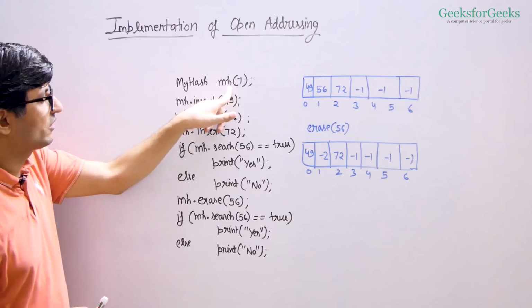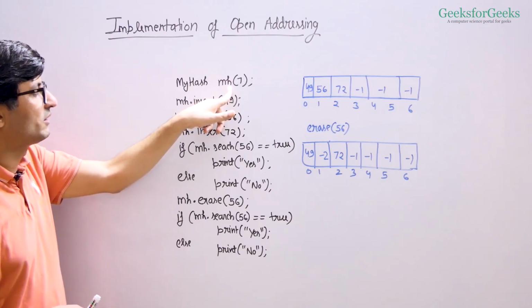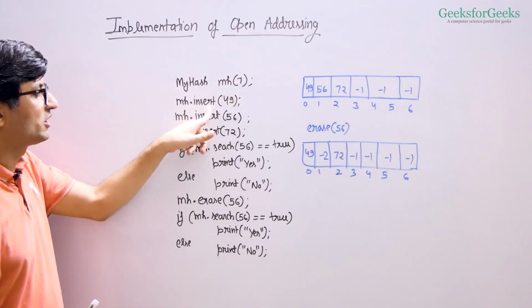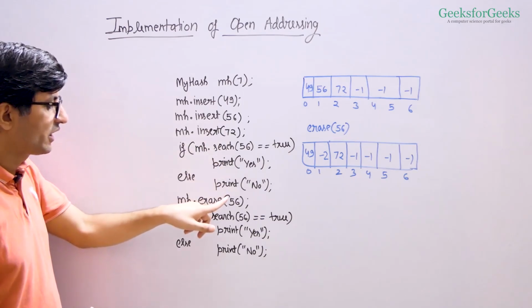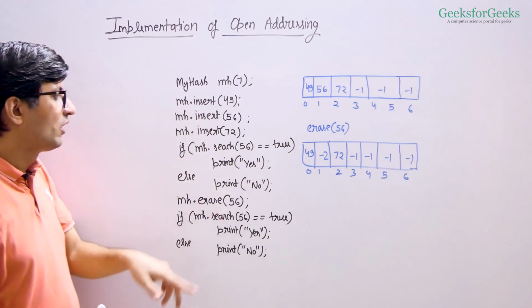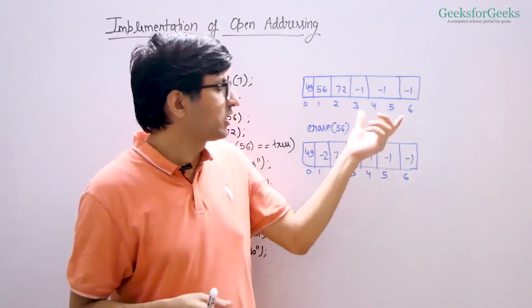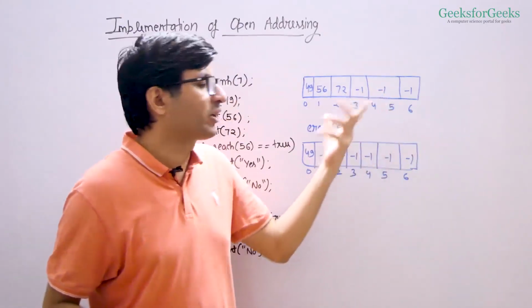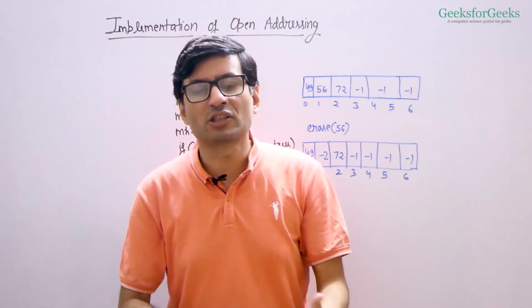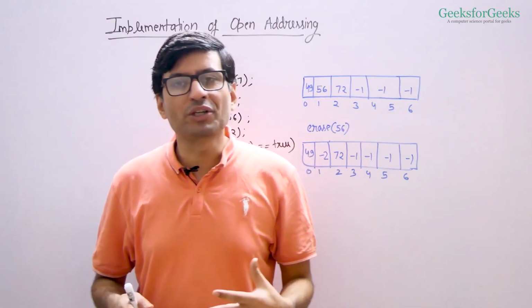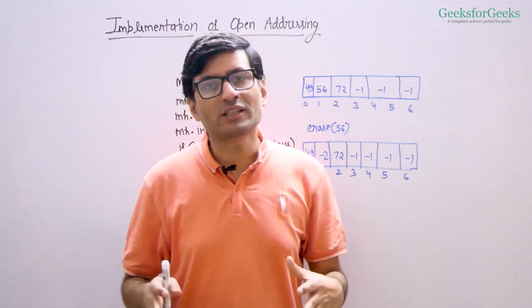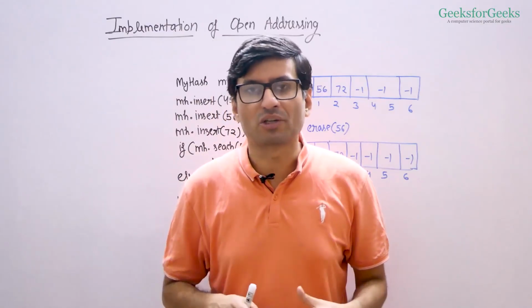Write a constructor that creates a hash object of the given capacity. Write the function insert, write the function search, write the function erase, right? And you might also want to write a function print, just for debugging purposes. What are the contents of your array after you have done some operations? So please pause this video and try to write down the whole class in either C++ or Java.